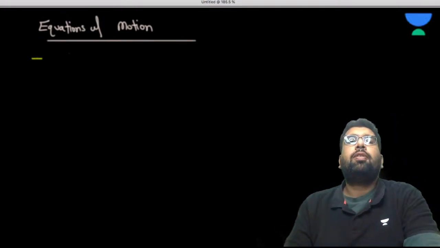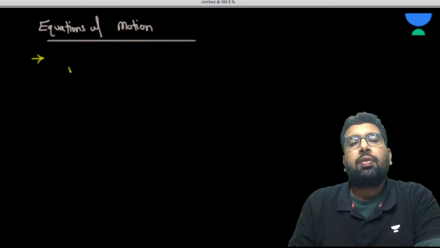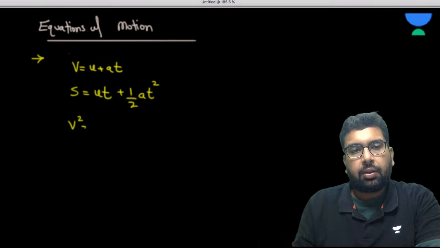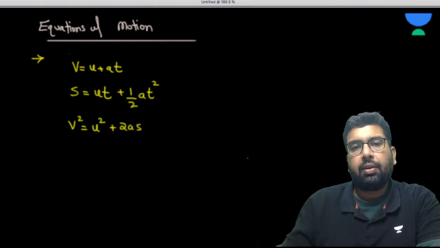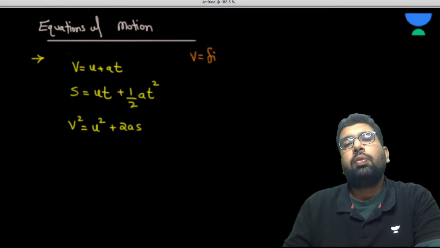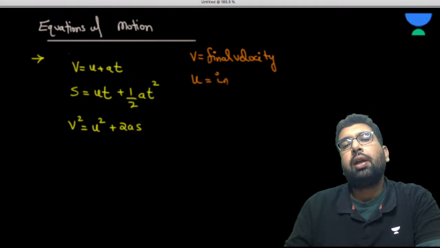We have the equations v is equal to u plus at, s is equal to ut plus half at square, and v square is equal to u square plus 2as. So v is what? v is the final velocity. And u is what? u is the initial velocity.